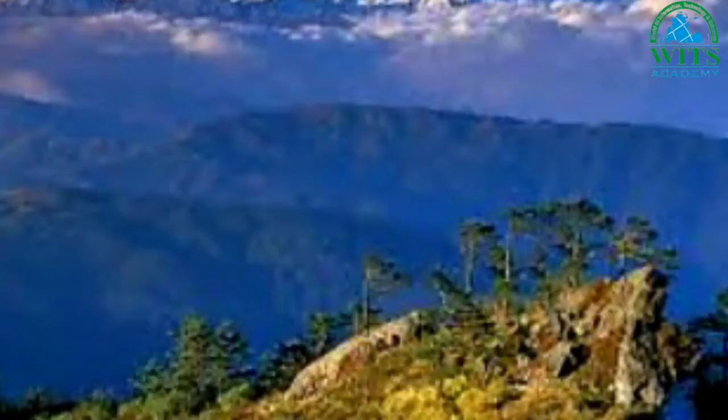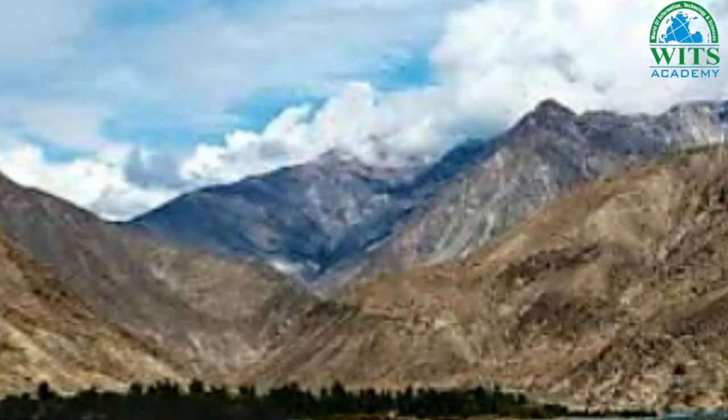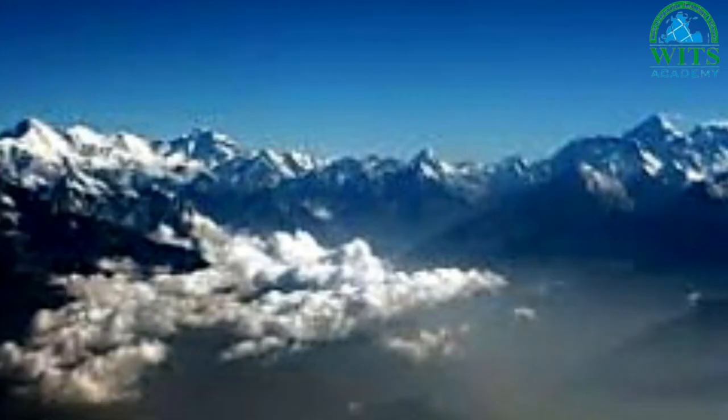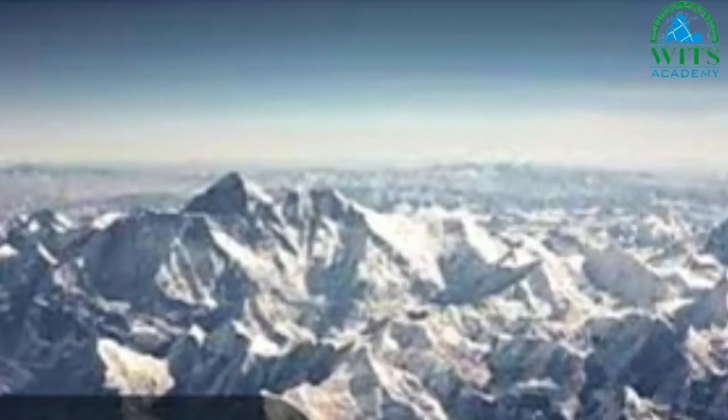Azad Jammu Kashmir and the extreme southeast corner of the northwest frontier province include the portion of the Lesser Himalayas, also known as the Middle Himalayas. In the Himalayas of northern Pakistan, the highest peak is Nanga Parbat, which is 8,126 meters high.